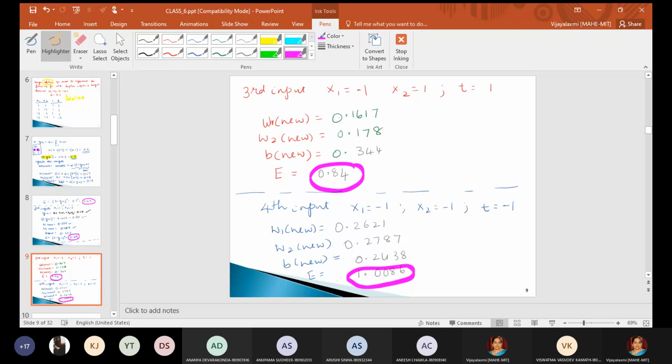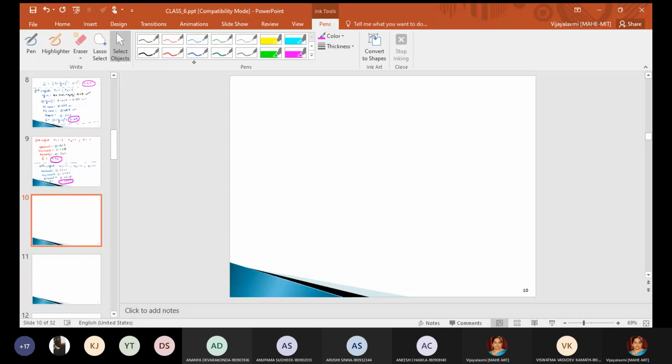So you can just sum all these four errors. The total mean square error is the sum of all the mean square errors.